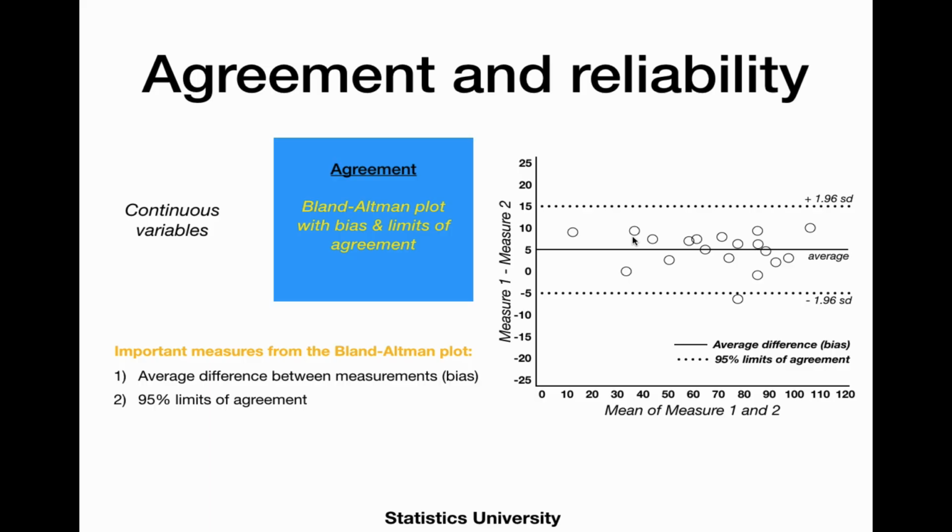What you can sometimes see is that there is some sort of funnel shape in the distribution where the differences between the measurements are larger at either lower or higher mean values. And that tells you something about systematic errors of the measurements. So it is definitely something to note.